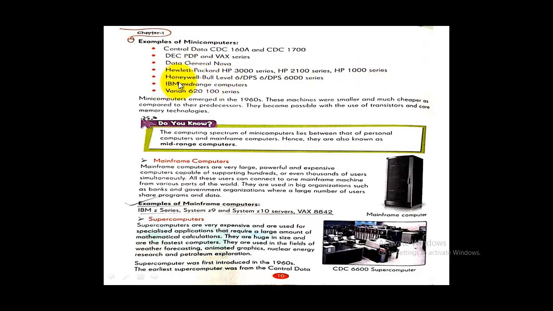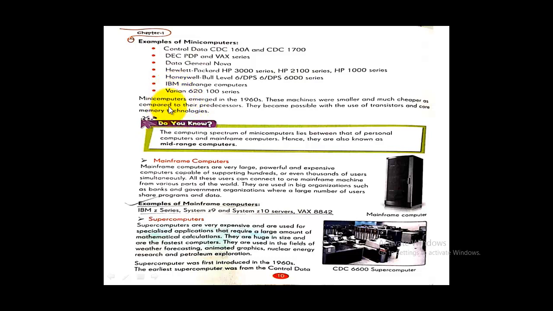Then the next is the Honeywell Bull Level 6/DPS 6000 series, IBM mid-range computers, then Varian 620 100 series. HP is Hewlett Packard, the full form of HP. The full form of IBM is International Business Machines.